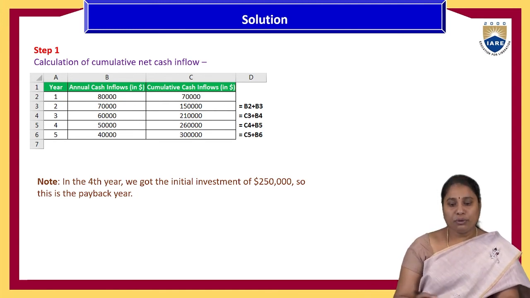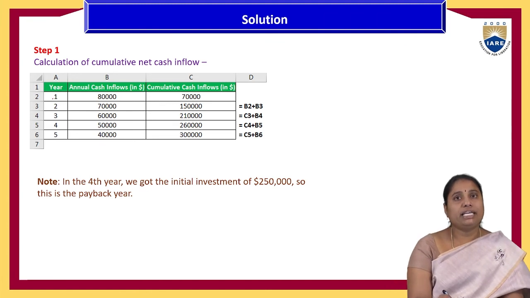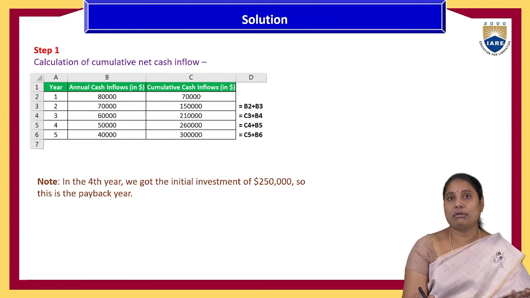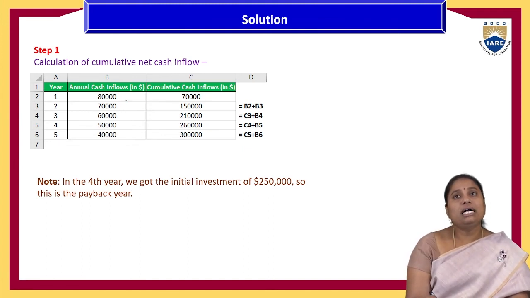I'm going to explain it to you. In the first column, we have taken the number of years. In the second column, annual cash inflows. And in the third column, cumulative cash inflows. Here we can give the formulas. The first value is as it is, 80,000. We have copied it here.